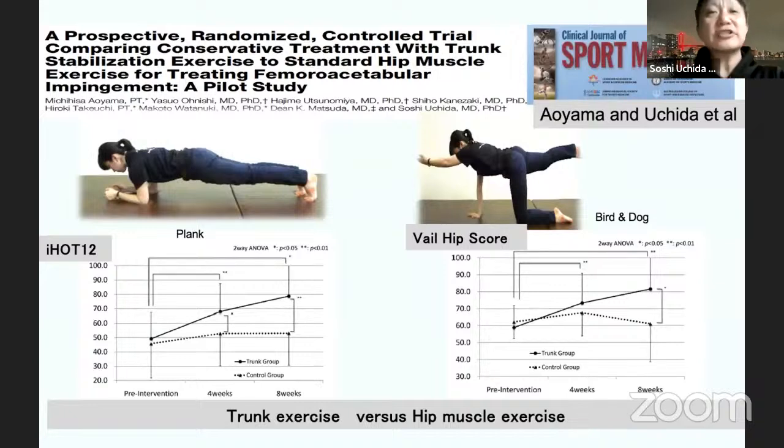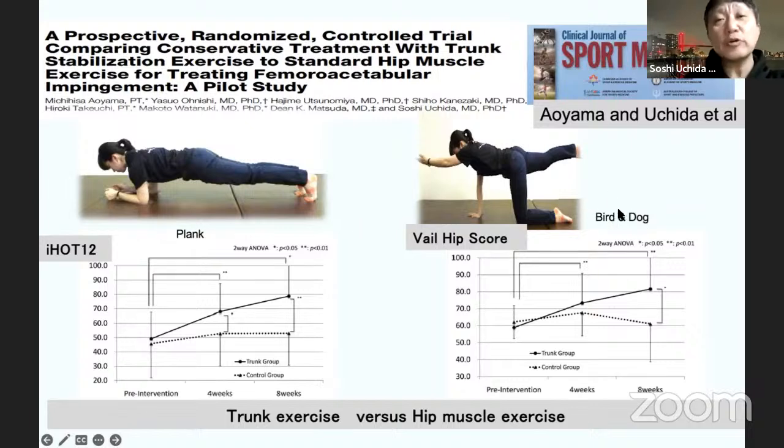This is our study, a randomized controlled trial comparing conservative treatment with trunk stabilizer exercise to standard hip muscle exercise for treating femoroacetabular impingement. This was published in the CJSM. In the trunk stabilizer exercise group, the patients have to do a plank exercise and bird dog exercise.